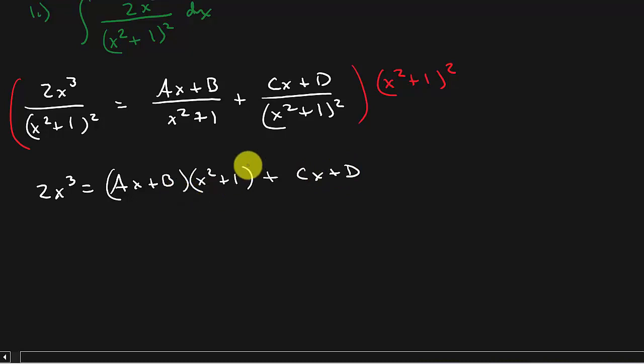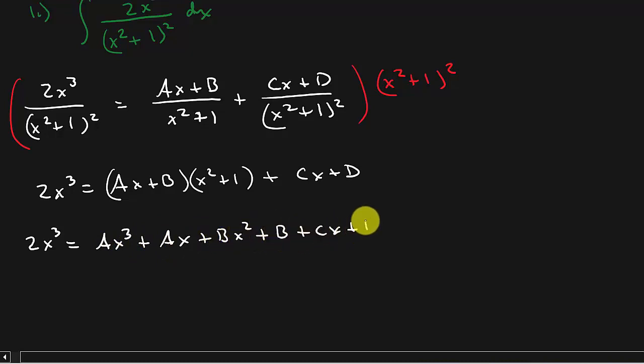Well, I can let x equal 0, but I'm still going to have a, b, and d. I won't be able to solve for anything. So let's multiply this out. 2x cubed equals ax cubed plus ax plus bx squared plus b plus cx plus d.